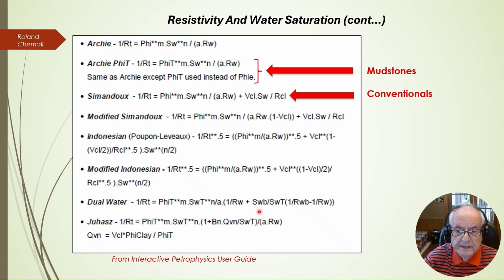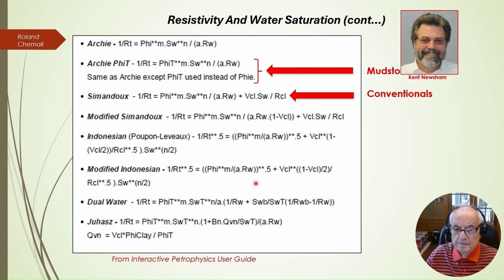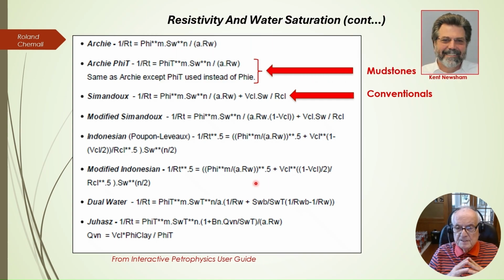But what I want to bring up here is that I would like to cite my last boss at Occidental Petroleum. His name is Kent Newsham, and he's the chief petrophysicist at Occidental Petroleum. Kent is a great expert in mudstones. He wrote three fantastic tutorials that were published by the journal Petrophysics, a very prestigious journal.